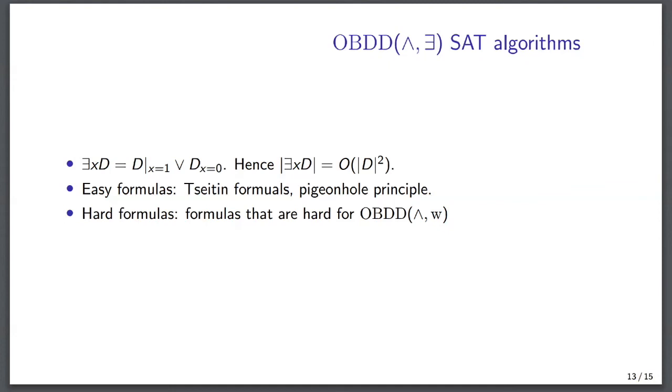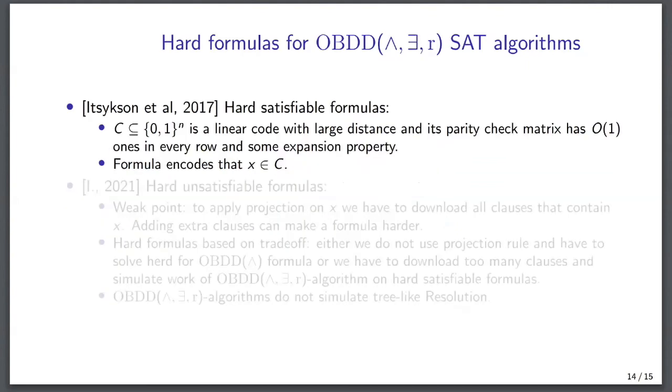It doesn't depend on the order of variables. No, it's not symmetric, because we have P_ij, P_jk for different... You mean holes? Yes, holes and pigeons. Okay, I mean these variables.